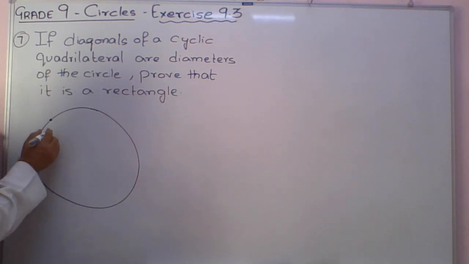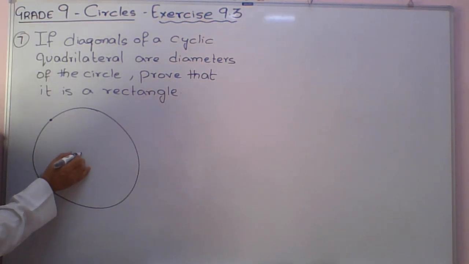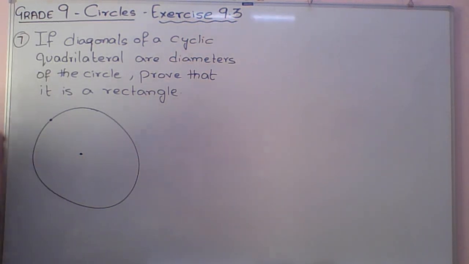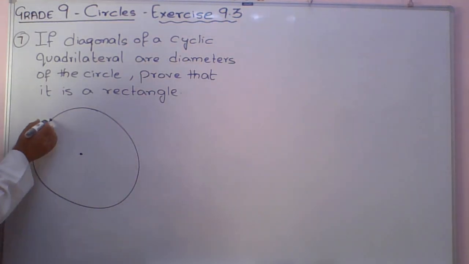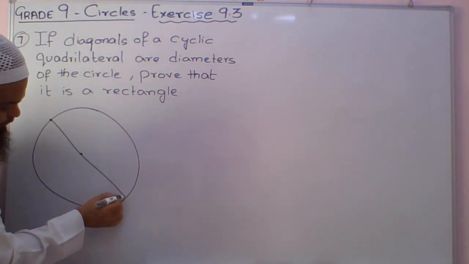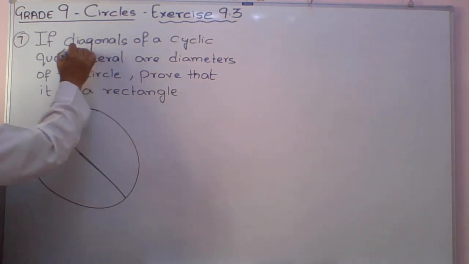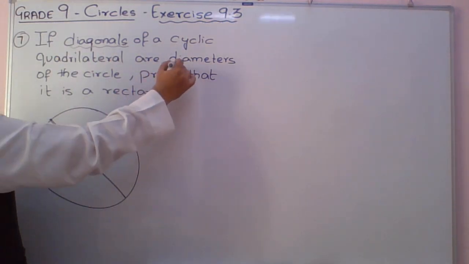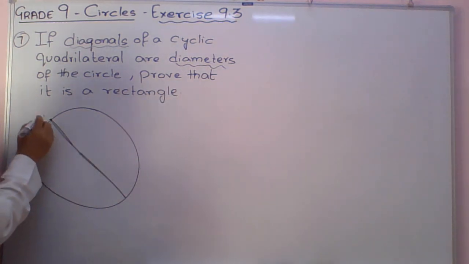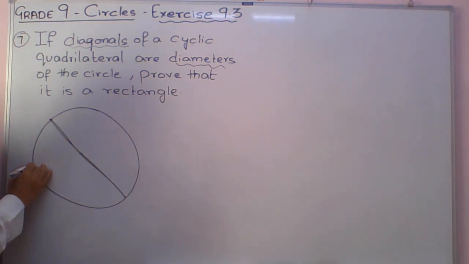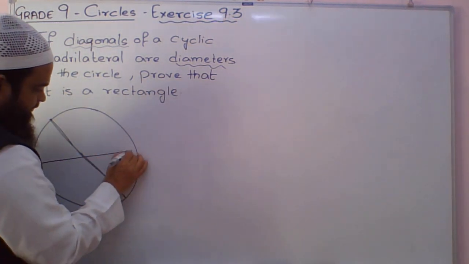So first let me take a circle and take the center of the circle. Now what does he say? The diagonals are diameters. So let me draw 2 diameters.